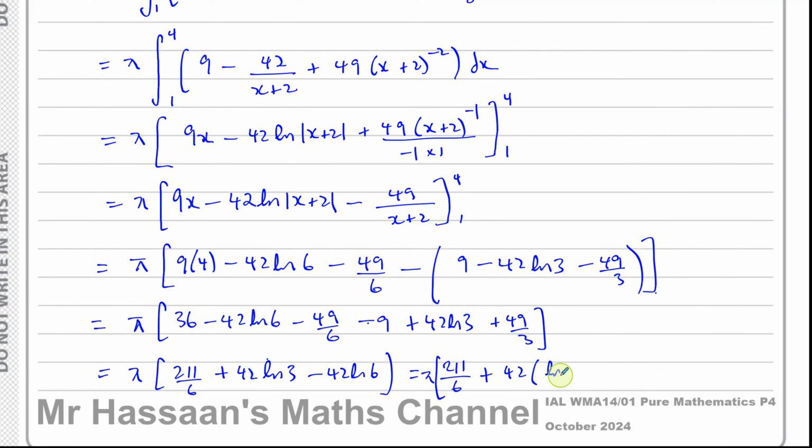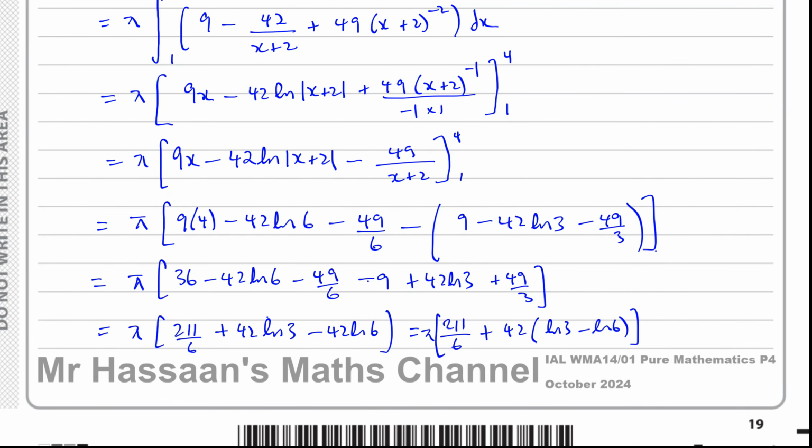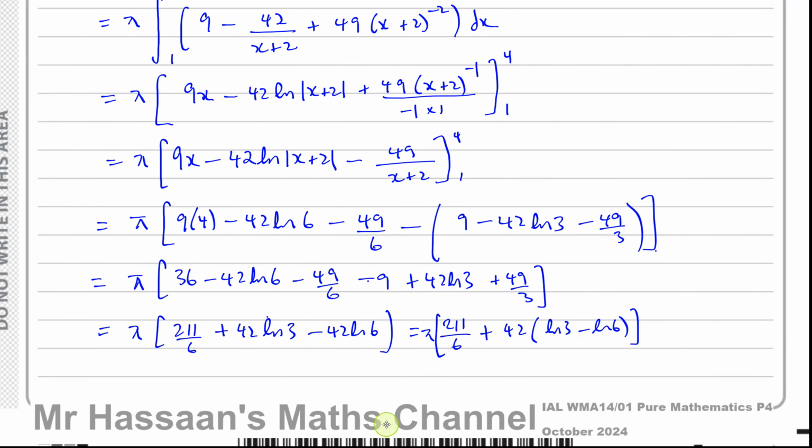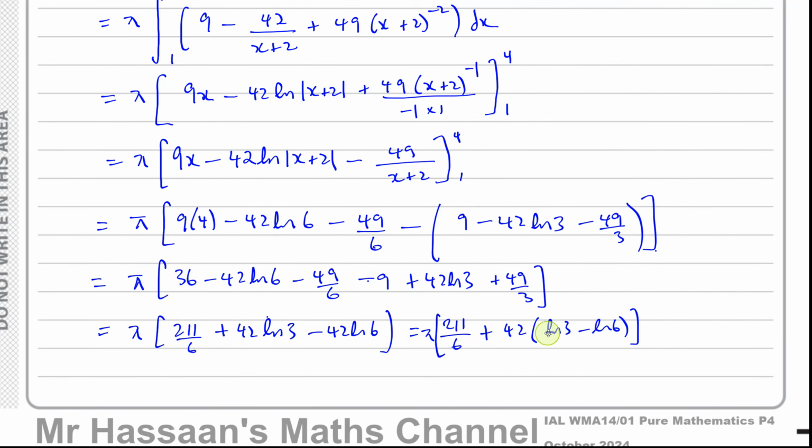And I've got ln 3 minus ln 6. And I can use the laws of logarithms where I have ln 3 over 6. That's going to be ln of a half. So you're going to have pi times 211 over 6 plus 42 times the ln of 1 over 2.